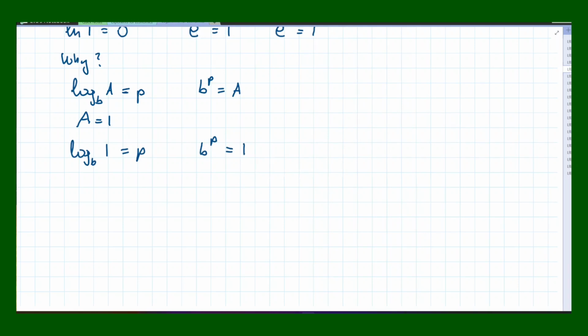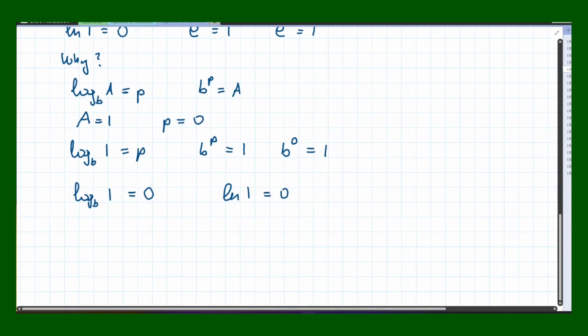Again, because we remember that any number, any base to the 0 power is always equal to 1. So if the argument is 1, then that tells us that the power has to be equal to 0. There is no other case. So that's why it doesn't matter what base we have. If the argument is 1, the log is always going to cancel down to 0. And again, in a special case of ln, ln of 1 is going to be equal to 0.